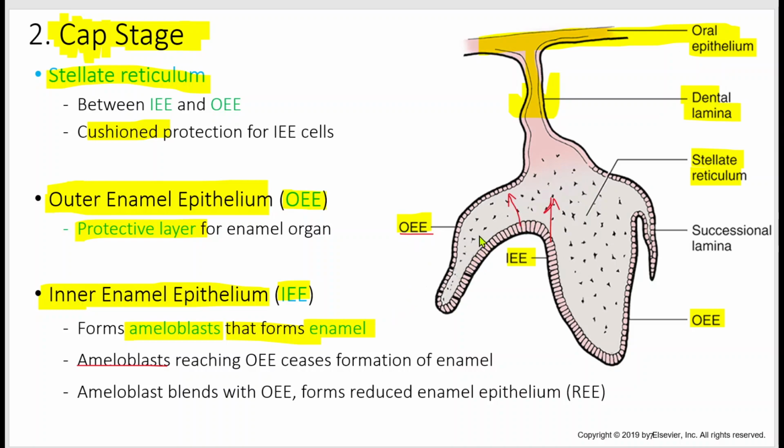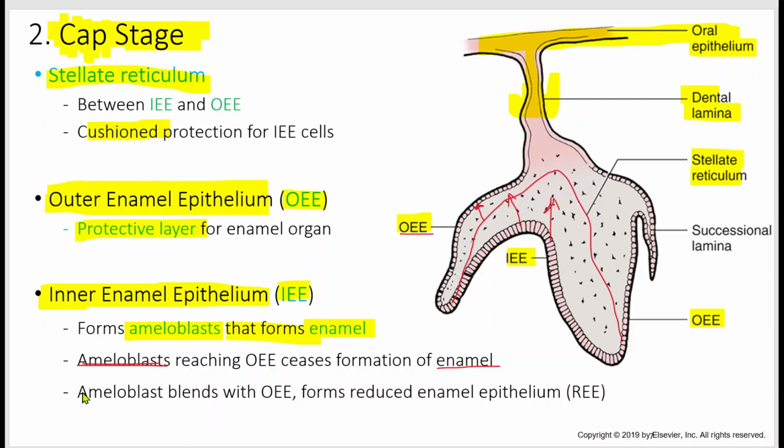They'll go in more, as we said, to make the crown. Once this gets close to the outer enamel epithelium, this will signal that the ameloblast should stop making more enamel, right? We got to the level that we're good now. Stop making enamel. Okay, just a mechanism that will control that thing.